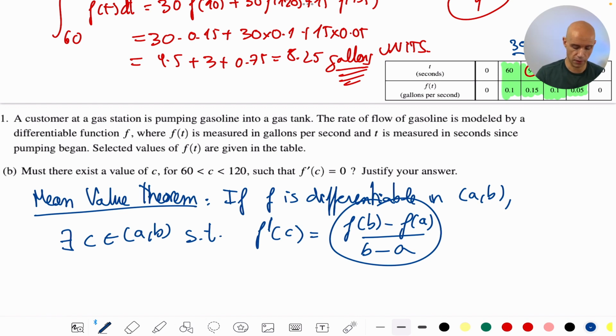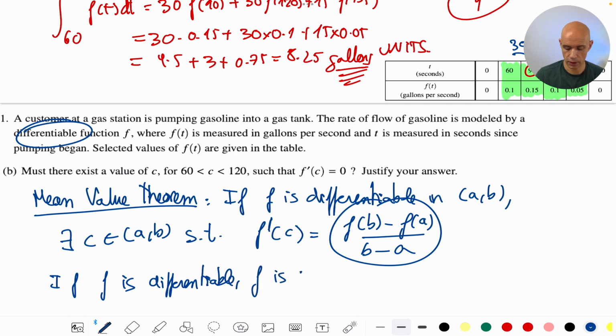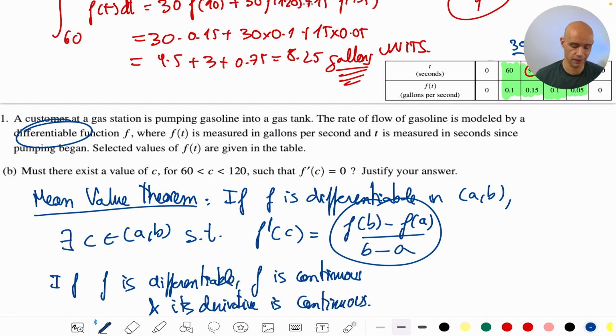If f is differentiable, and we have that in this problem, then f is continuous and its derivative is continuous. So if they even tell us that the function is differentiable, we know it's continuous.